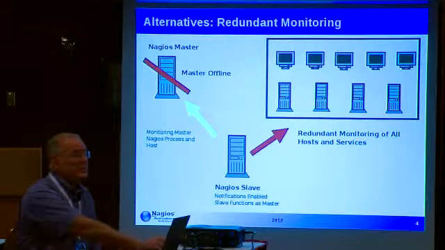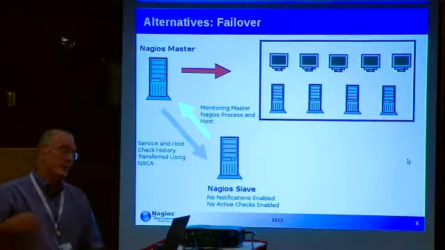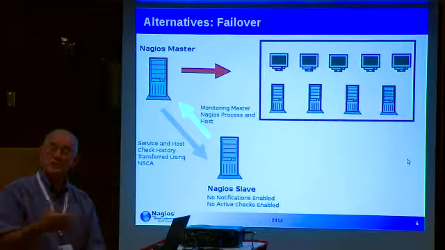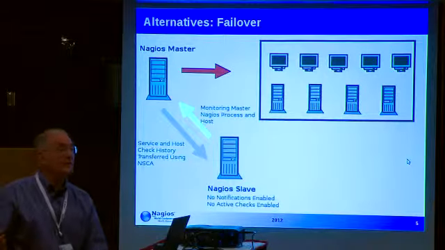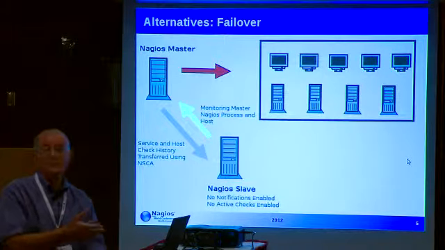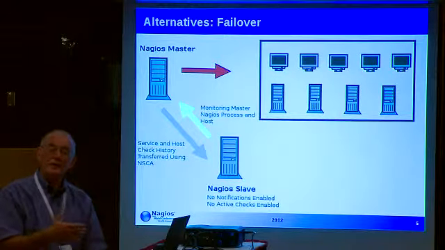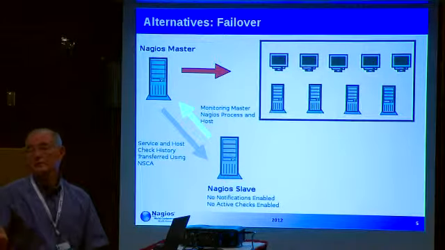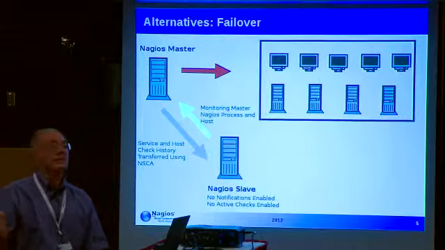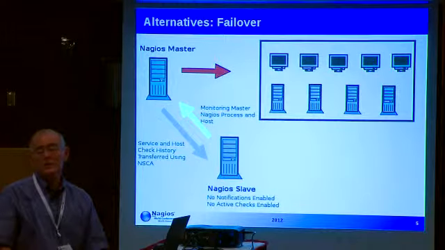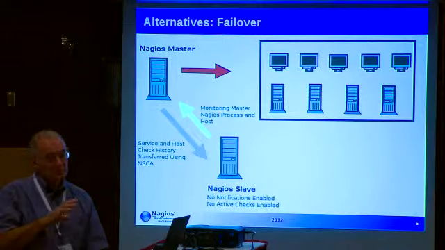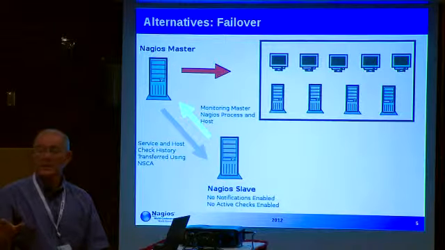The other option that you see is with Nagios, you have a master and you have a slave. The slave is monitoring the master using NRPE. The master is pushing the history, which is very important for you because you've got your charting, what's happening with your checks, all that information. It's pushing it to the slave, and that's okay.